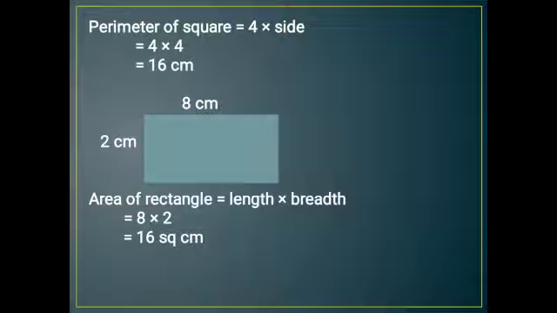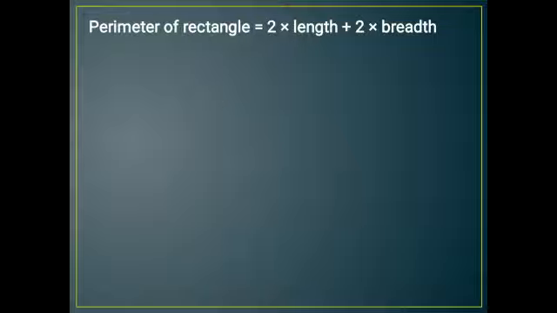Now the perimeter of a rectangle is equal to 2 into length plus 2 into breadth. So 2 into 8 plus 2 into 2. 2 8s are 16 plus 2 2s are 4. 16 plus 4 is equal to 20 centimeter.